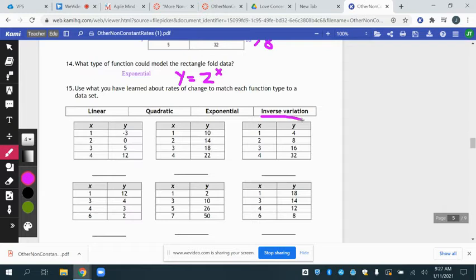That means that x times y makes some number. Whereas this is some number to the x power, and this is x to the second power.